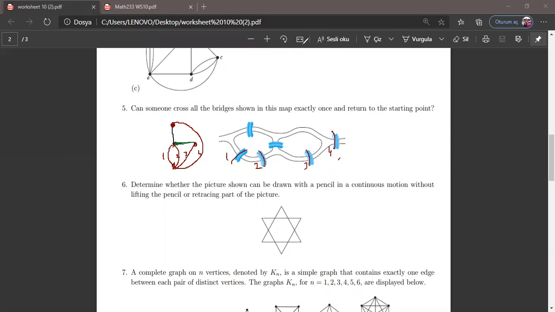Another one is here, this green one, and the last one is here, as in here you see. So we can use this graph to find the solution.